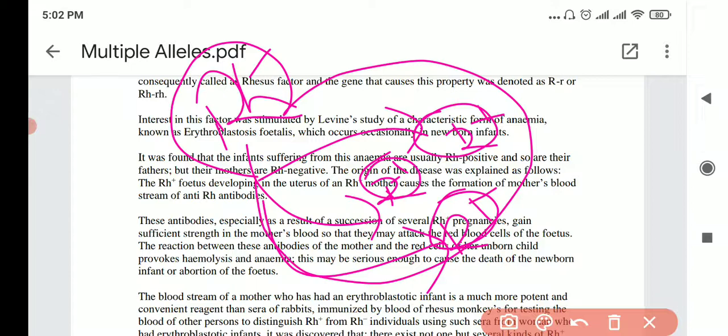Wouldn't the baby suffer from anemia or other diseases? Hemolysis is when the blood cells explode, right? So it will not be able to develop, because the placenta sends blood and nutrients, and the baby will need its own blood also to grow. If these red blood cells are destroyed, that baby will die, right? It will lead to infant death.